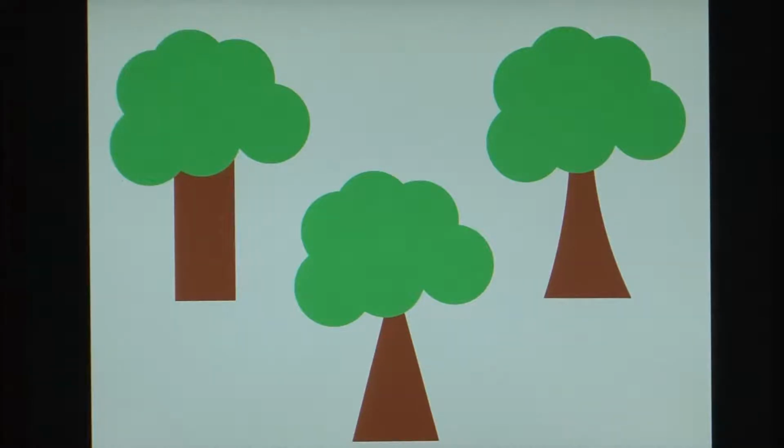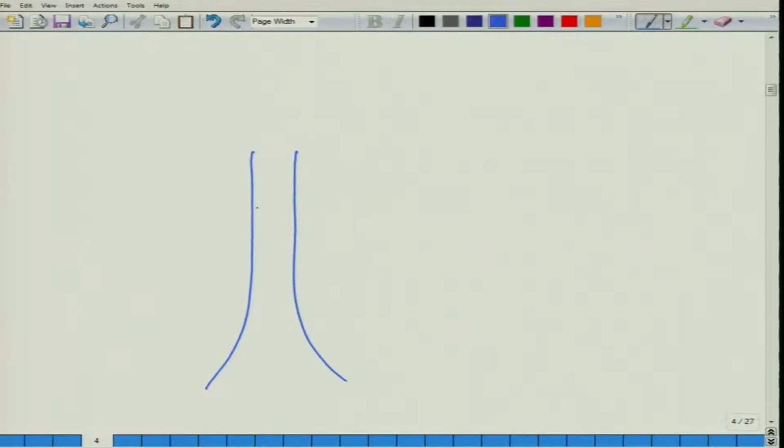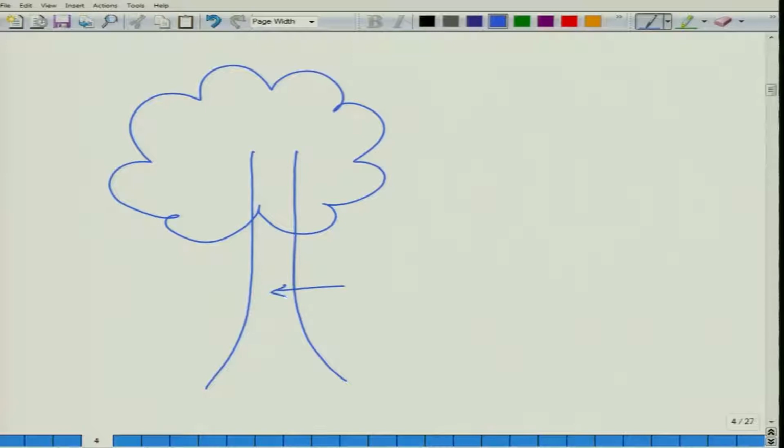So, suppose you have a tree, and this portion is the main stem. If we plot with height h, what are the various diameters?